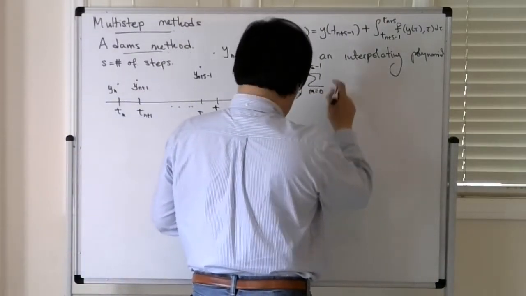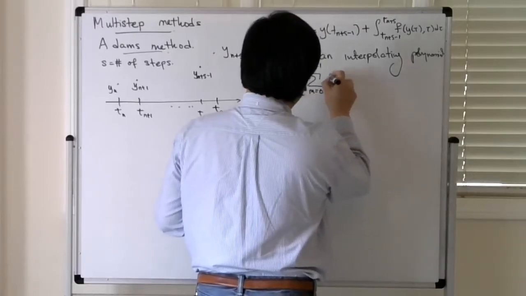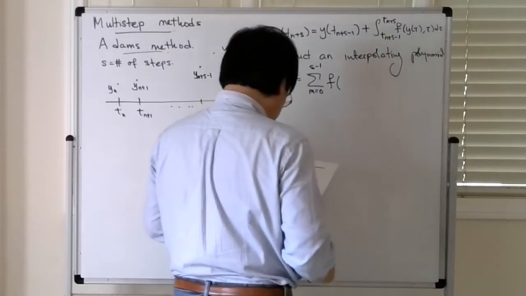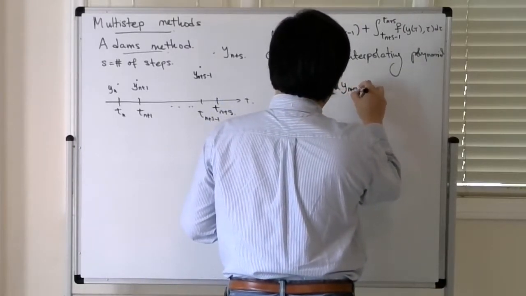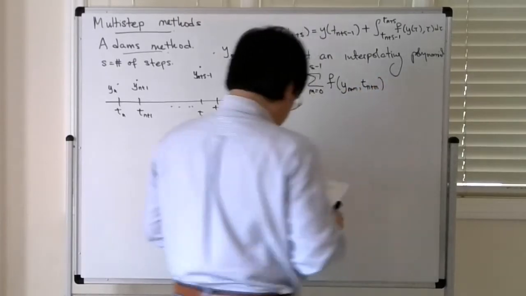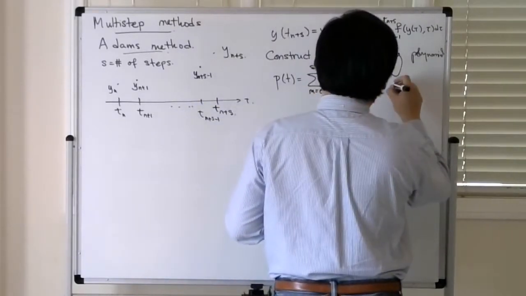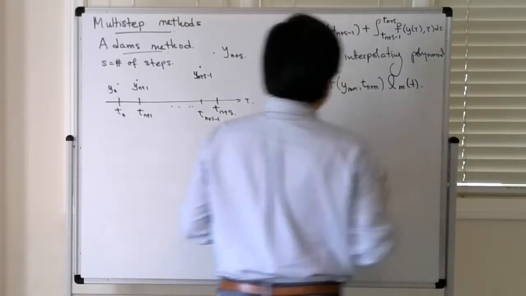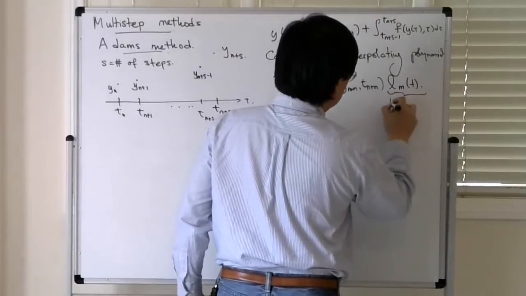Okay, and so this involves evaluating the vector field at the solutions which you already know, yn plus m, Tn plus m, and then you multiply this into one of these Lagrange polynomials. Let's call that Lm of t. Okay, so Lm of t is a Lagrange polynomial.